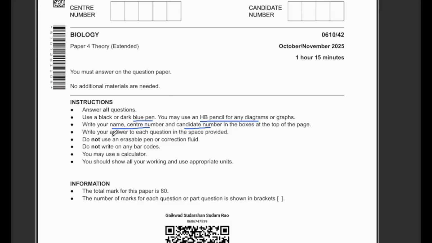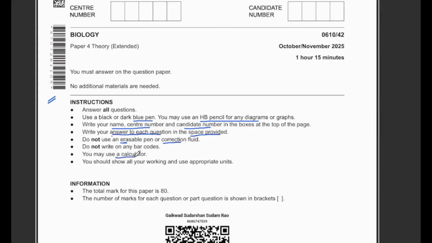Also answer each question in the space provided. You can use the rough page also, but please mention your question number there. Do not use any kind of correction fluid or erasable pen, the erasable pens that we can actually see in the market nowadays. Do not write anything on the barcode. If you're writing for the board examination, please remember, don't damage the barcode.